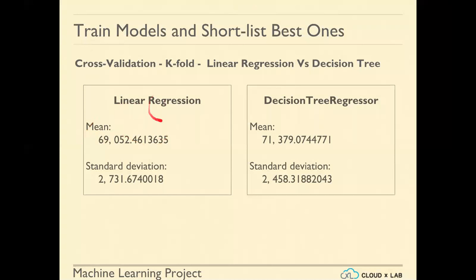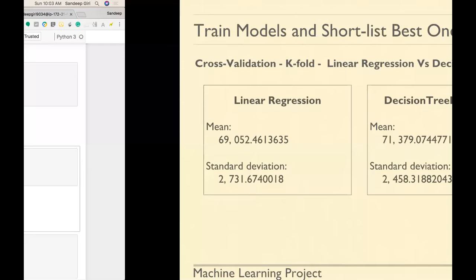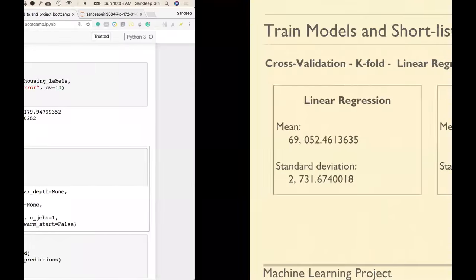That means linear regression is better than decision tree with respect to predicting values. This one has a little bit more bias but less variance, and this one has less bias but more variance. Okay, so that's the way we generally look at it.